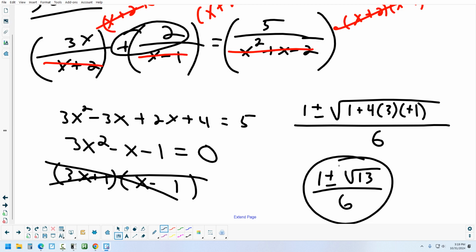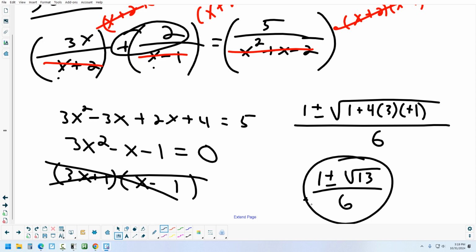That is your answer. Now, there's only two numbers we would have to check and see if they're extraneous. Negative 2, positive 1. Is that negative 2? No. Is that number positive 1? No. So both answers that could have been extraneous didn't come up in this problem, which means as long as we did the quadratic formula right, those are the answers.